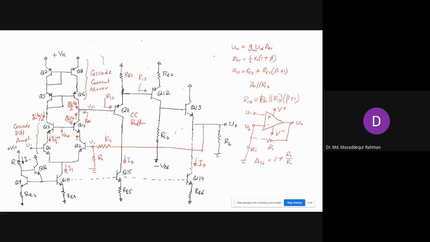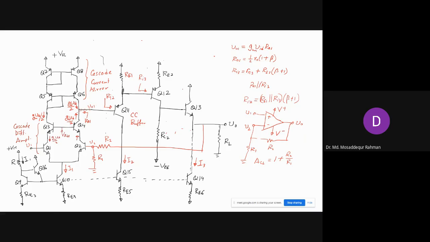So to produce a higher amount of current, if you want I1 to be the same as I, then you just choose the same value. Let's say for I2 you want a little bit higher value. If you want I2 to be twice of I1, you choose RE5 half of RE3. Or if you want I3 to be 10 times of I, you choose RE6 1/10 of RE3.